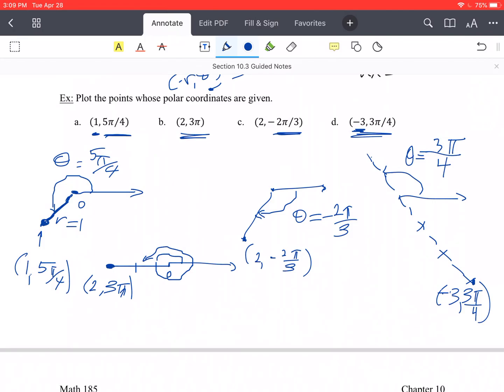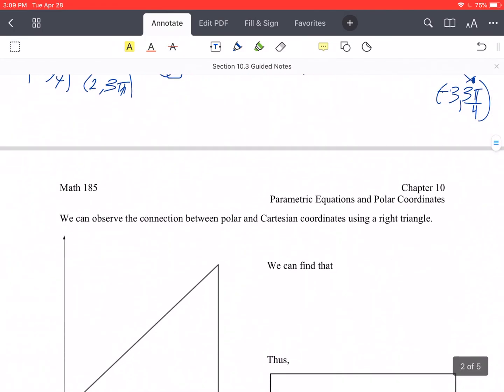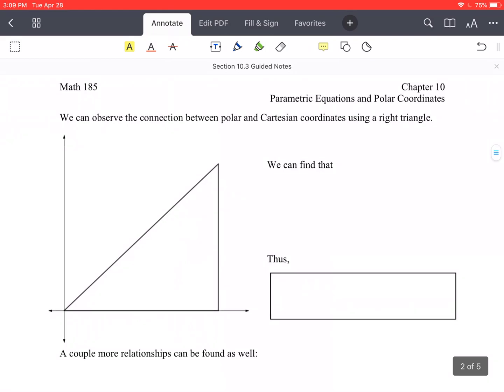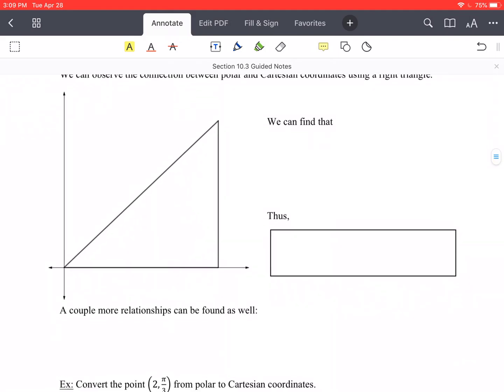Alright, so again, sorry the drawings are a little bit wobbly. But again, this is just another way of plotting points, this time using angle of rotation and radius length, right? Distance from origin. Okay. So we can actually look at the relationship between polar coordinates and Cartesian coordinates using a right triangle.